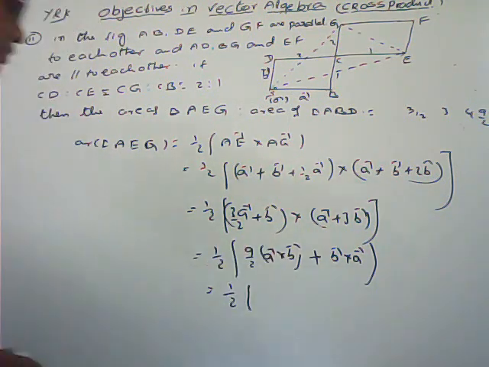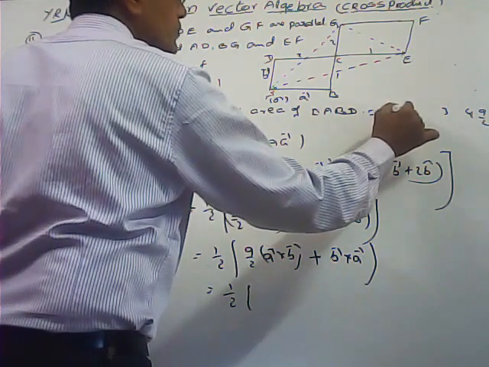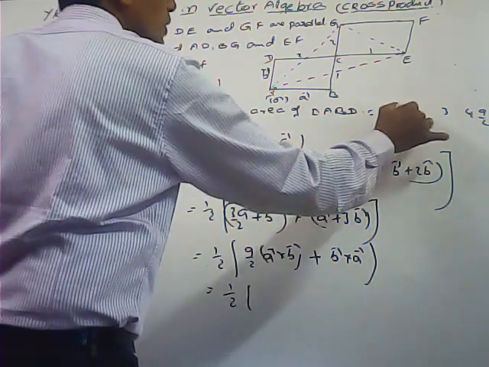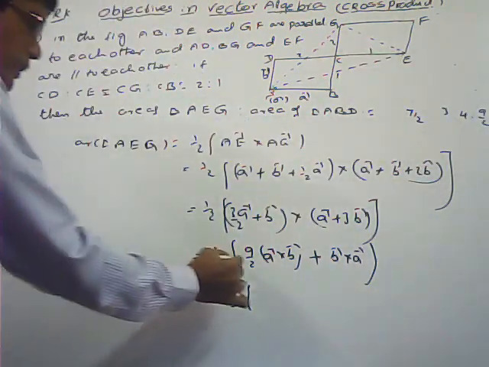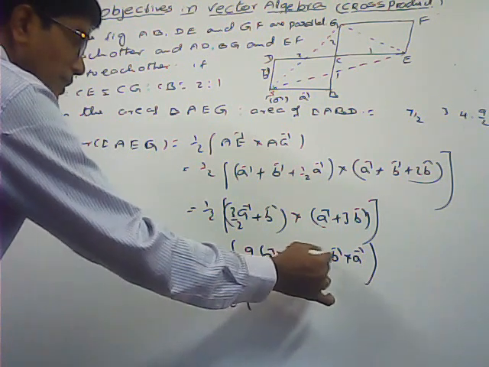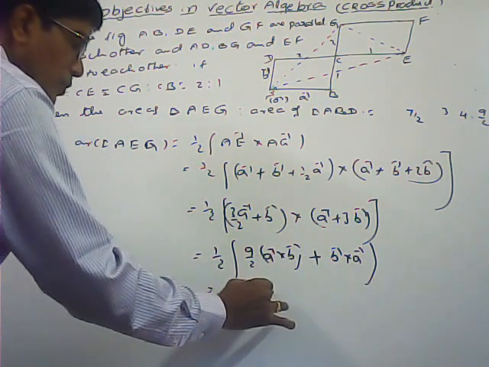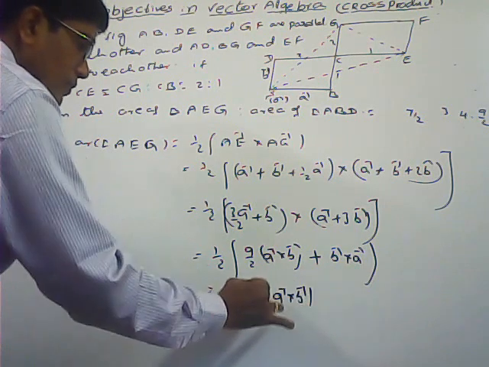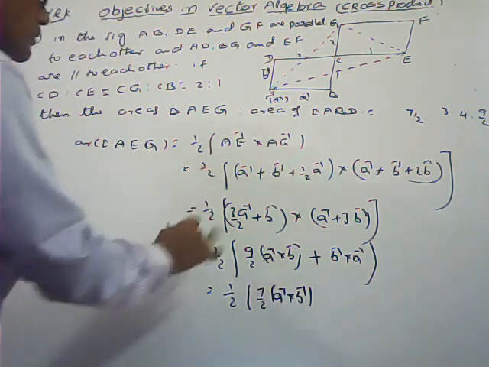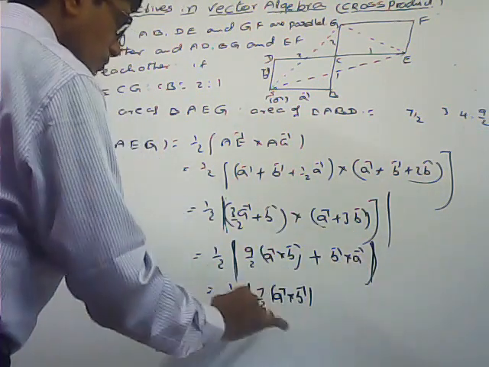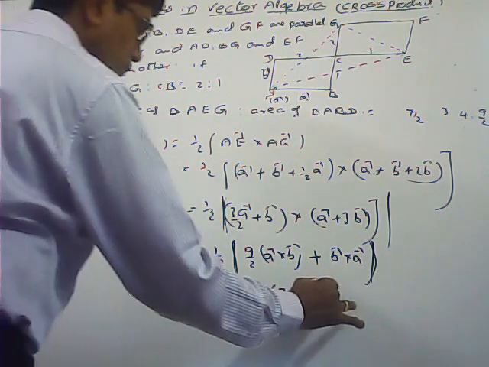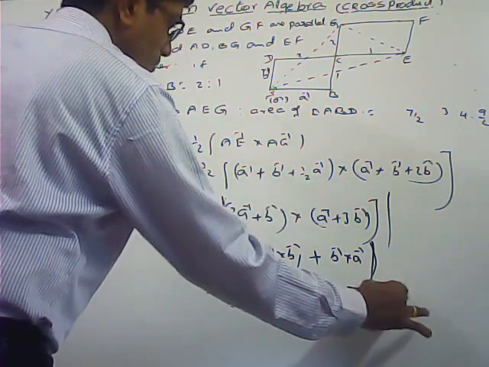Minus 1 means how much are we getting here? The options are 7 by 2, 4, 9 by 2. So here 9 by 2 minus a bar plus b bar, that is 7 by 2 a bar cross b bar. Area is always in modulus only. Modulus of that one. So 7 by 4 modulus of a bar cross b bar.